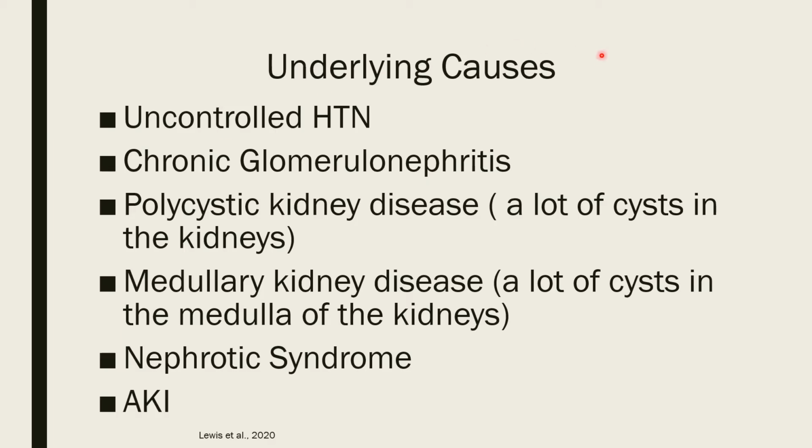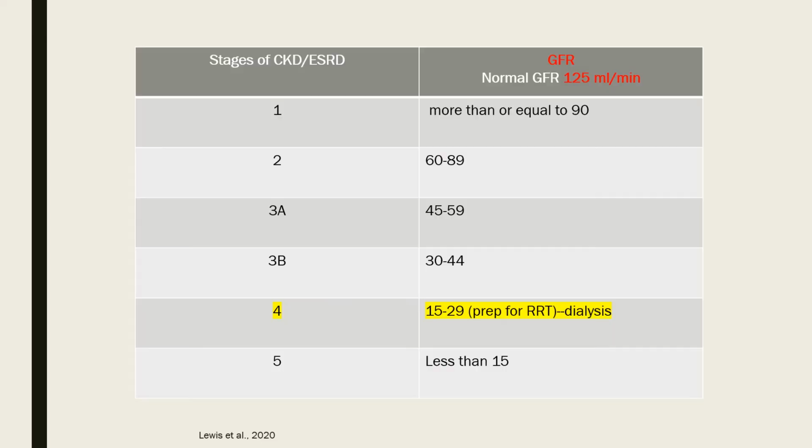There are many underlying causes of chronic kidney disease. When we're dealing with these patients, our goal is to treat and manage them so that they do not progress to chronic kidney disease or end-stage renal disease.